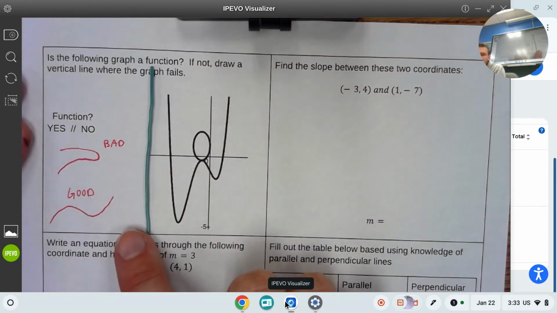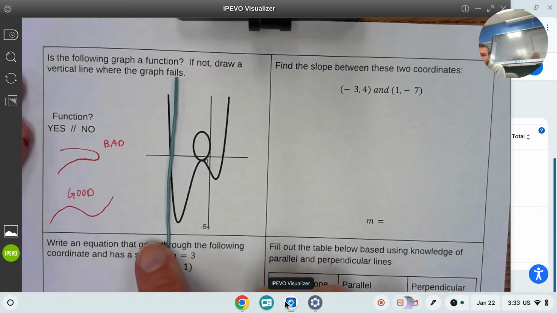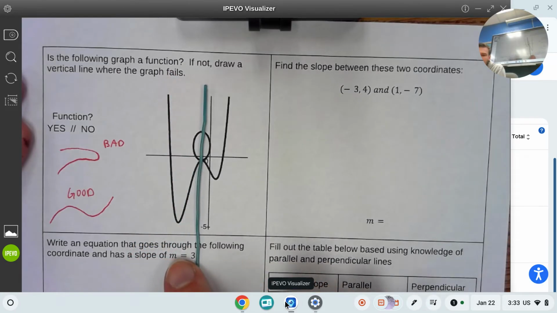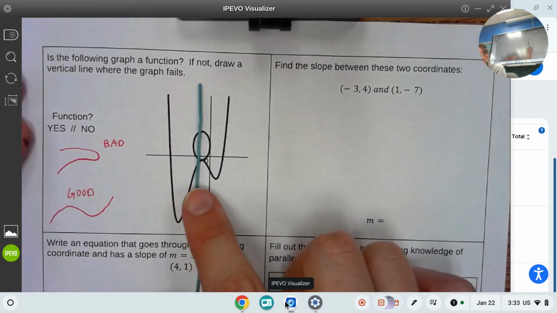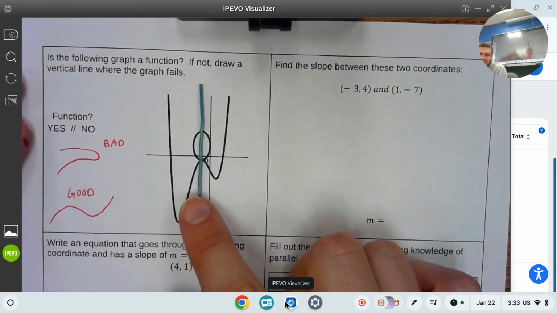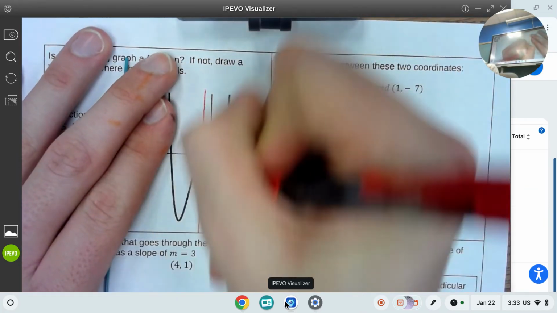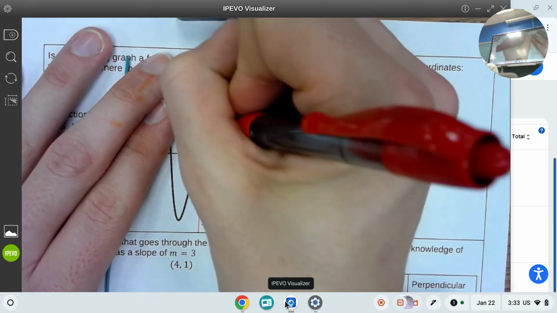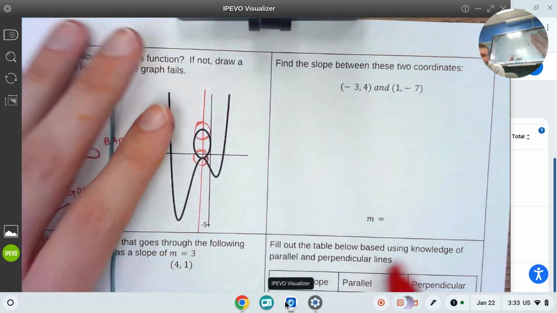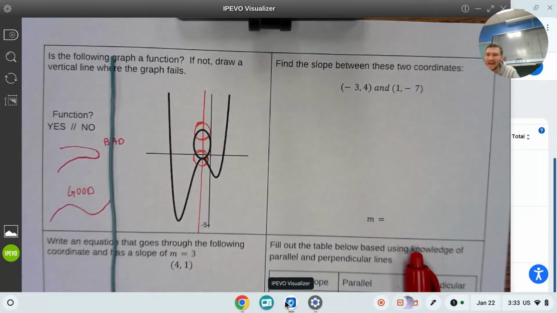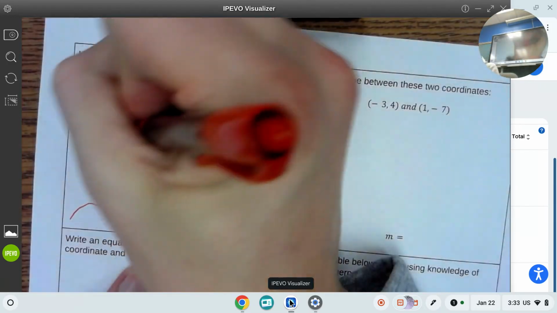We have a big problem right here. If we have a vertical line right here, we are touching at 2 places, and that is a problem. And so this should be no function.